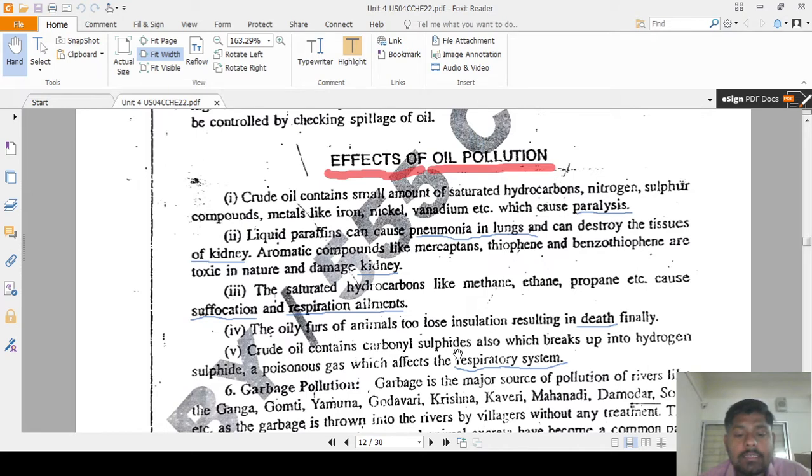Crude oil contains carbonyl sulfides, which also break up into hydrogen sulfide, a poisonous gas which affects the respiratory system. So, those are the effects of some components present in the oil on human beings as well as on animals.